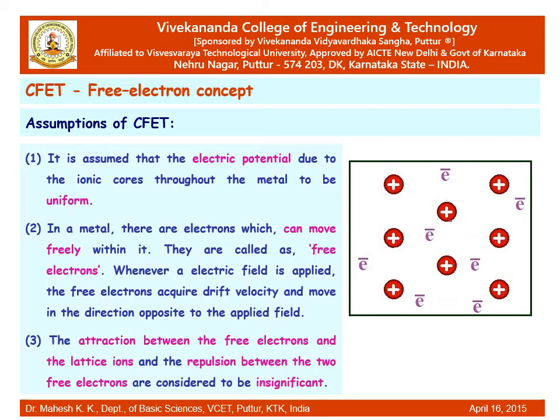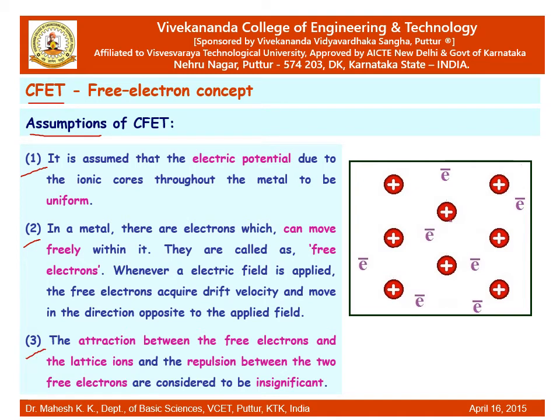First, let us see the classical free electron theory, wherein we will learn about the assumptions, then some definitions and consequences, and their merits and demerits. To begin with the assumptions, there are 4 assumptions made based on the observations of the classical free electron theory.